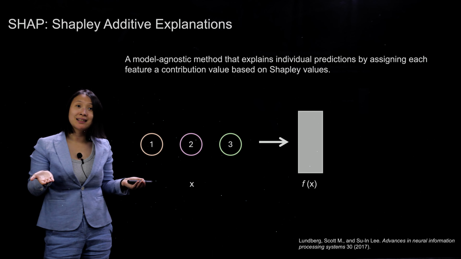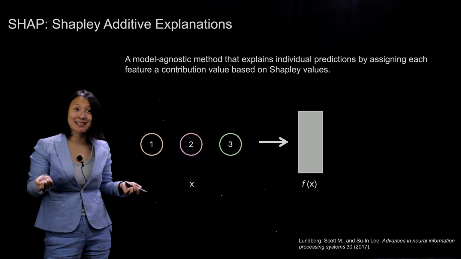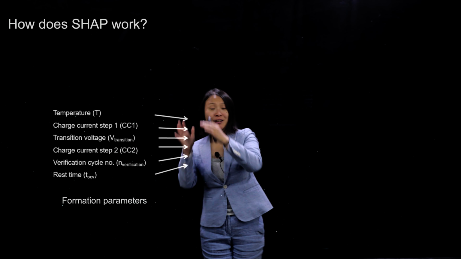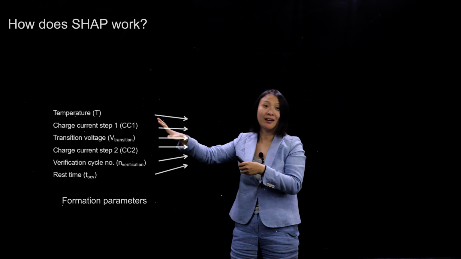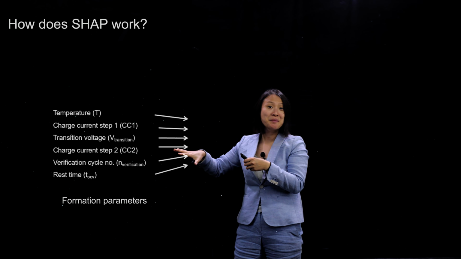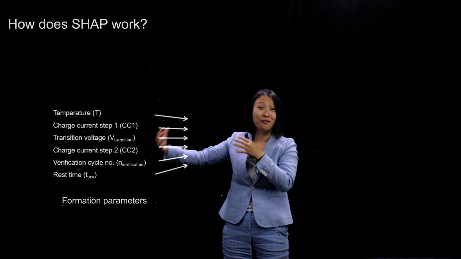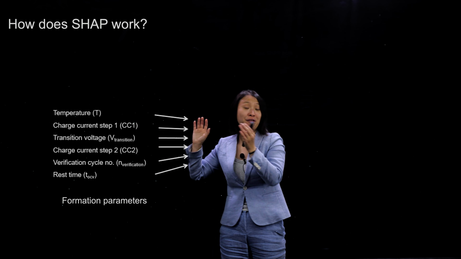So how does SHAP analysis work in a real-life battery prediction task? Here is an example where we have different formation parameters ranging from temperature, the current, the voltage, the verification cycles, and the rest times. These are all the parameters we can change during a formation process. And the formation is the last step of battery manufacturing.